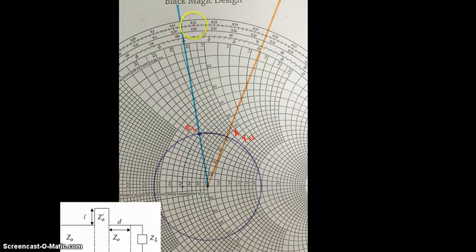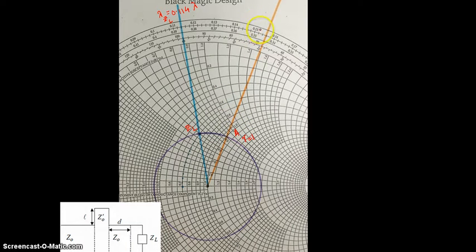Now if you look at the lambda value or the position of ZL, it is 0.11, 0.12 and 0.14. So I will write here that lambda of ZL is equal to 0.114 lambda. And the position of the R equal to 1 point, that is point A, is here.